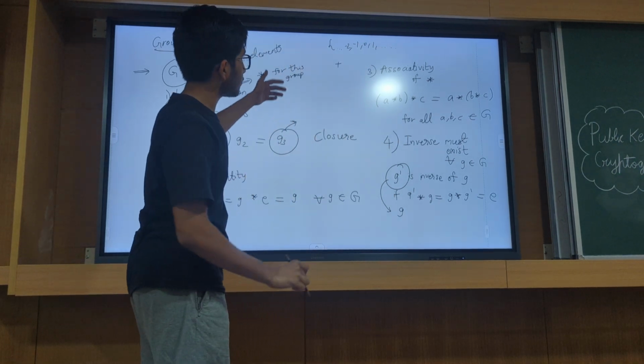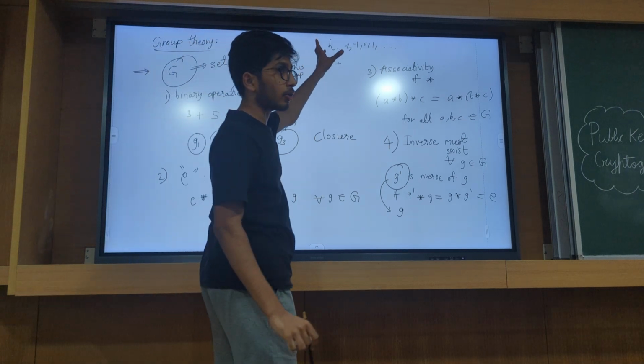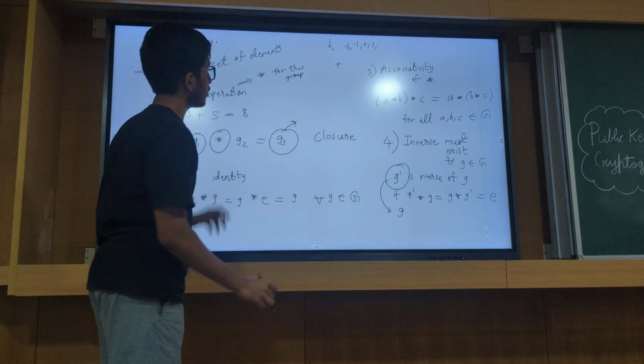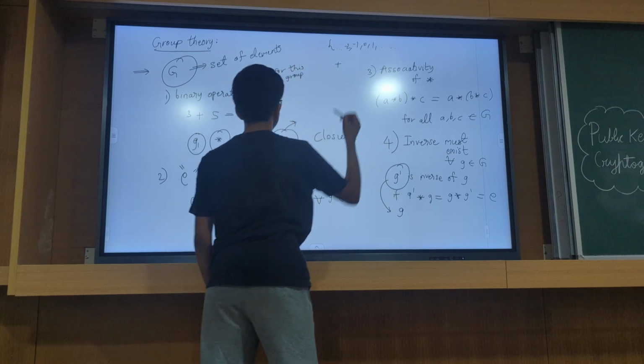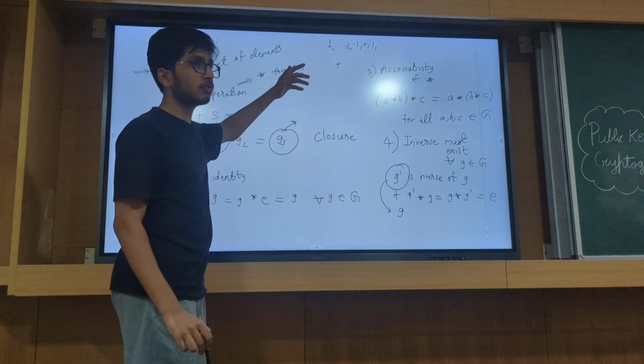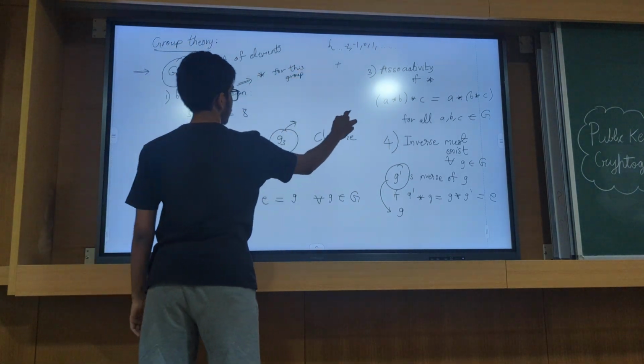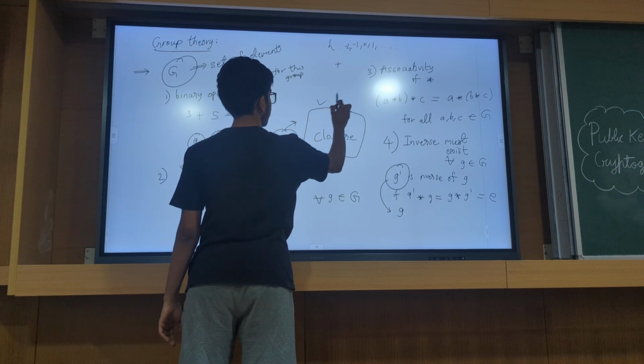Then we'll check whether these properties are there for that set or not. First property, binary operation: take any two elements in this, do the binary operation, and the result must belong to the set. It does belong, right? So the closure property is satisfied.